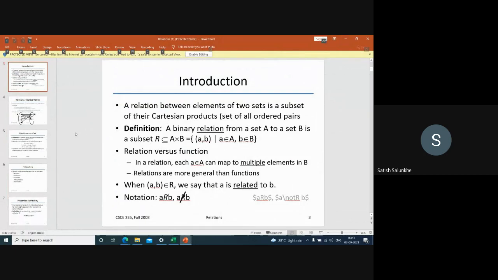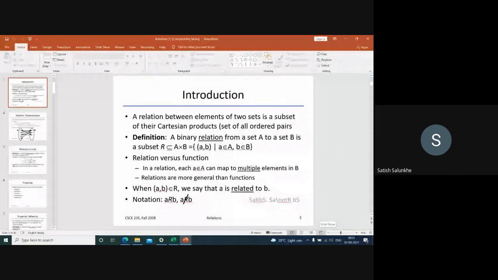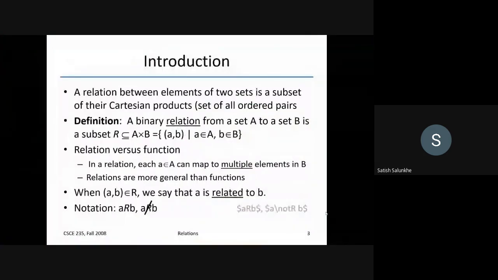So what we will do is try to understand the properties. We want to classify the relation. What are the various patterns of relations?